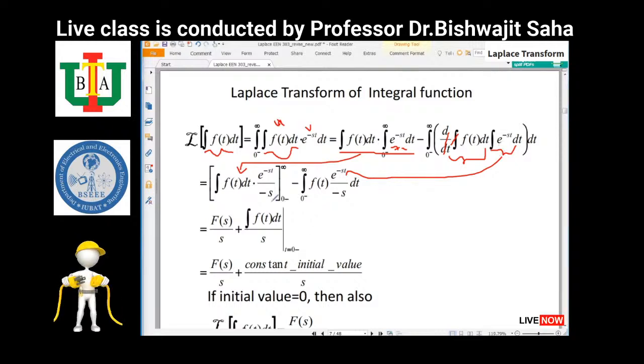So now if you put in the integration limits, the limit infinity and the limit 0, minus this minus, and the limit minus, that becomes plus. Does everybody understand, or should I write? I can write for you, because you may not understand what is happening here.